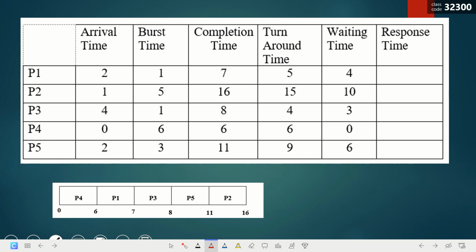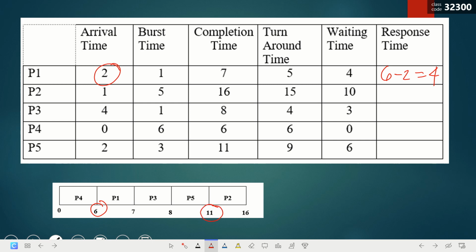P1 is at 6 based on our Gantt chart, so 6 minus the arrival time, we have 4.